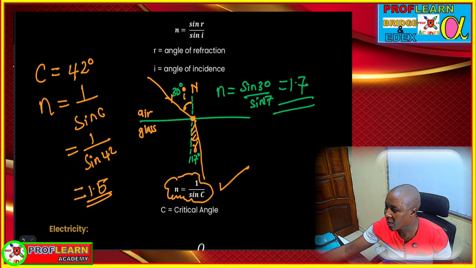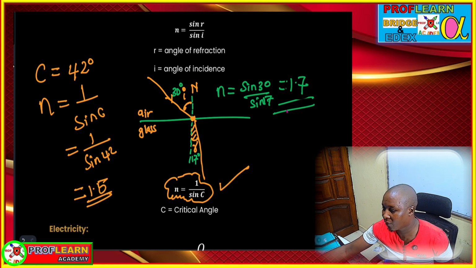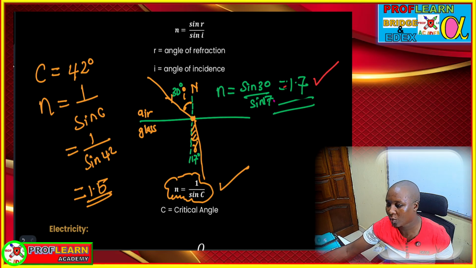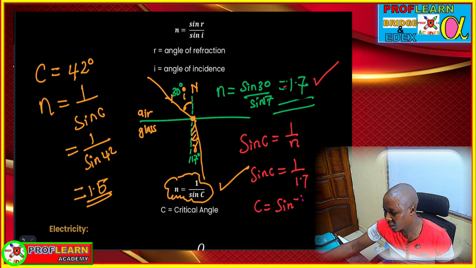Another case: you are given the refractive index and you are supposed to find the critical angle. You use the formula sine of the critical angle equals 1 over the refractive index. So sine C equals 1 over 1.7, then C is sine inverse of 1 over 1.7.